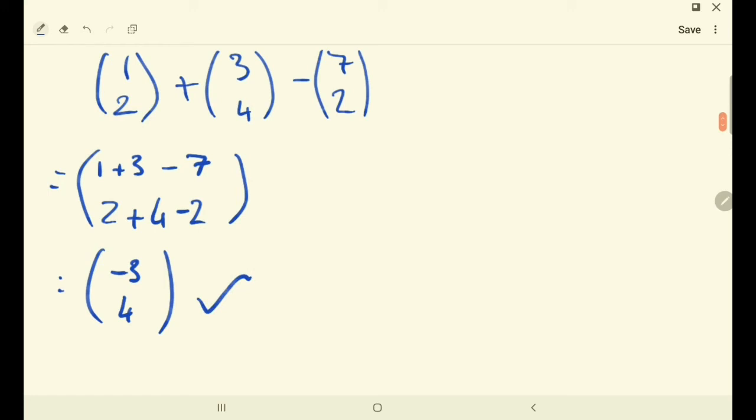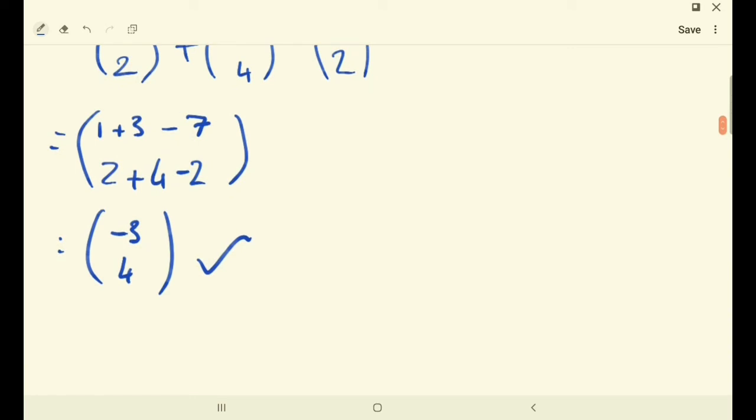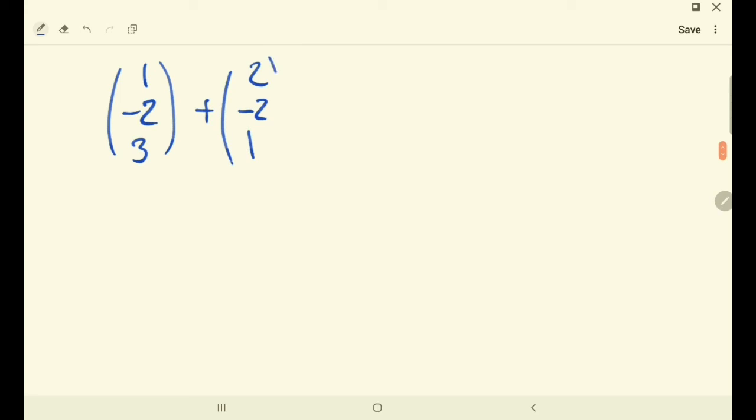A third example. What about if we've got more than two things in our vector? So we could have 1, minus 2, 3, and 2, minus 2, 1. What do we do here? And it may surprise you to know we do the exact same thing.